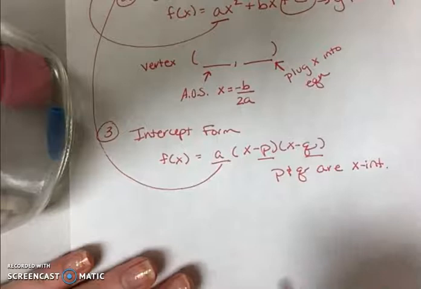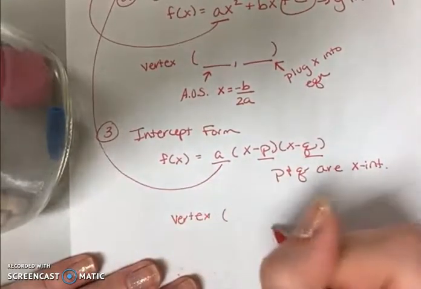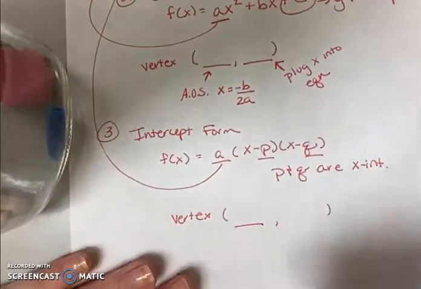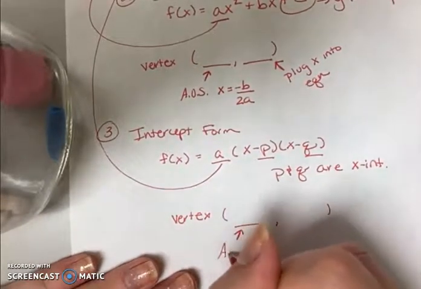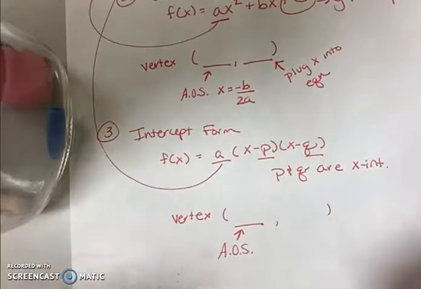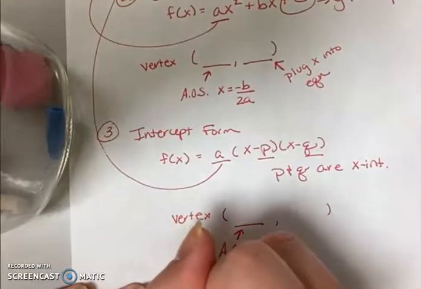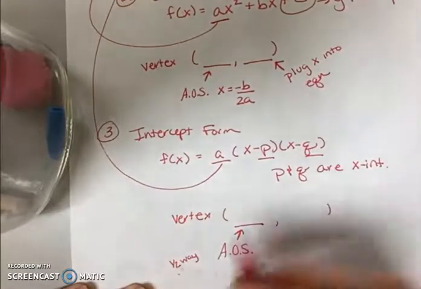Also, if I wanted to find the vertex, to find the x value, which is also where the axis of symmetry is located, it's exactly halfway, so I'll just make a note, halfway between the x-intercepts.